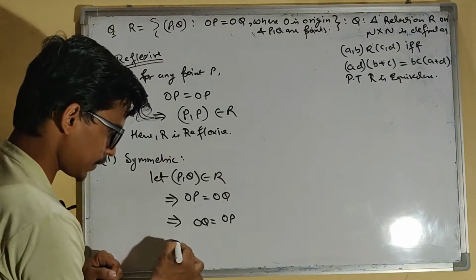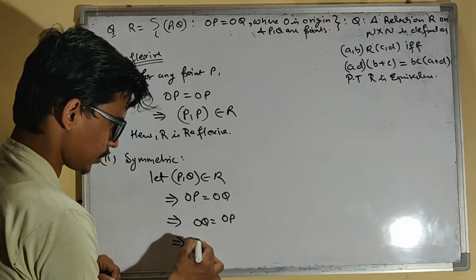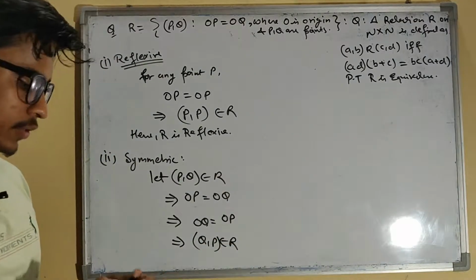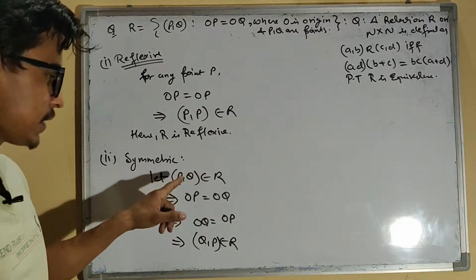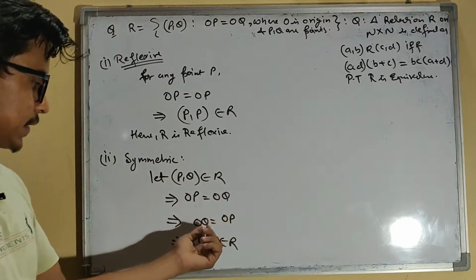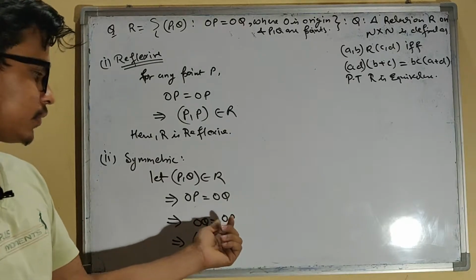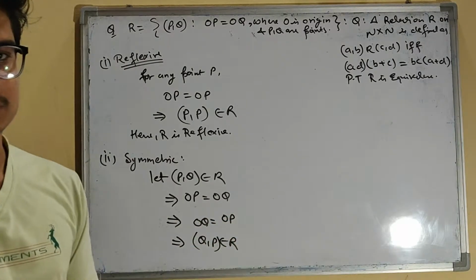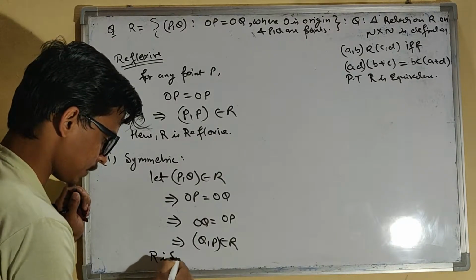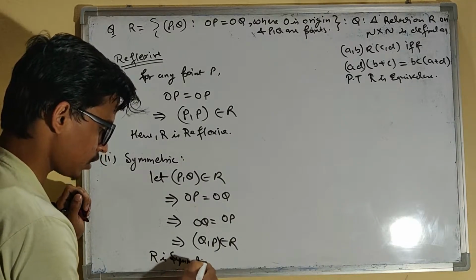So this implies that (Q, P) belongs to R. So it is very simple. (P, Q) belongs to R implies OP equals OQ, and we can write OQ equals OP. Now this implies that (Q, P) belongs to R. Hence it is symmetric as well. So R is symmetric. Got it?